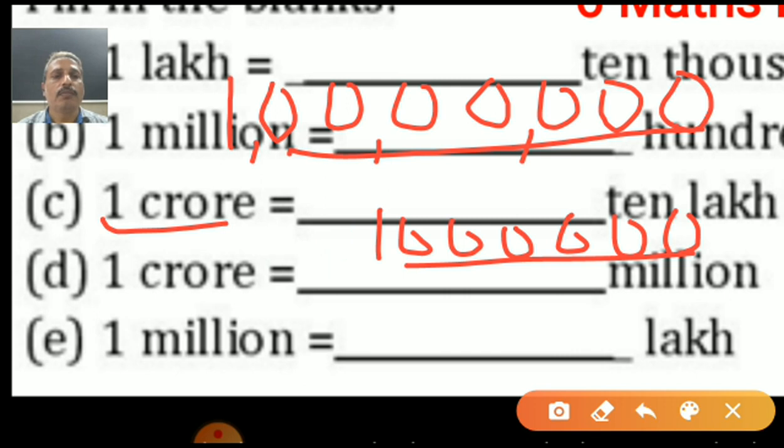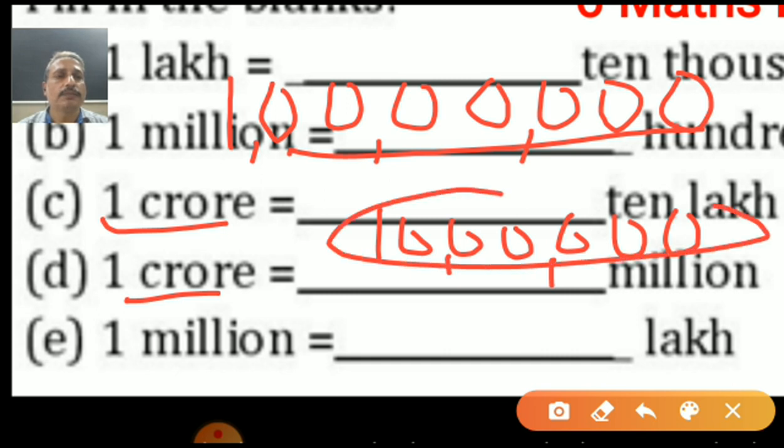Okay, next D question, million. Just now the same, it is 10 lakh. Student, here 10 lakh is that. Isn't it, this 10 lakh? We are discussing this one now. Million means 10 lakh. How to multiply with this number to get a crore? Yes, multiply by 10. Second one, last one. 1 million is equal to dash lakh.